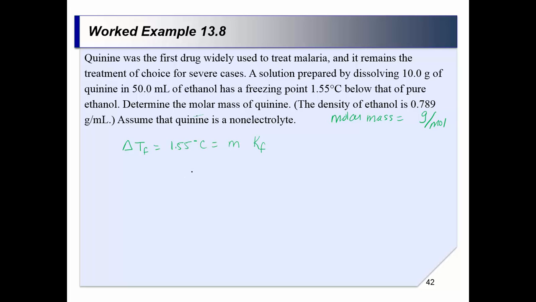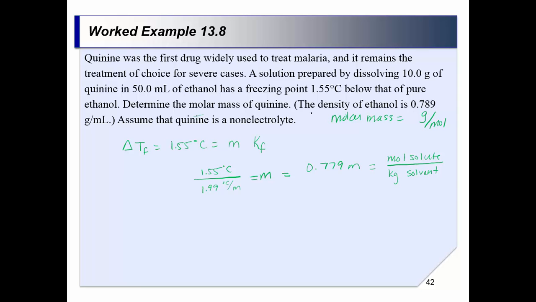So if I'm looking for my molality here, then m equals 1.55 degrees Celsius divided by my Kf, 1.99 degrees Celsius per molal unit. So m is then equal to 0.779 molal. Now remember, molal is moles of solute divided by kilograms of solvent. Now I'm going to determine the kilograms of solvent that I have.